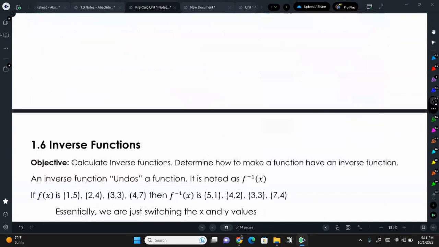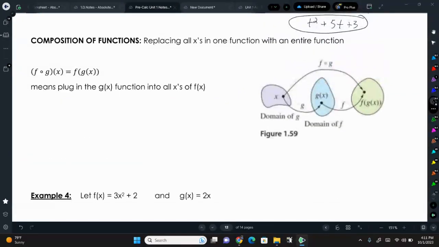Now, composition of functions. What composition of functions means is that I'm taking one function and plugging it into another entire function.